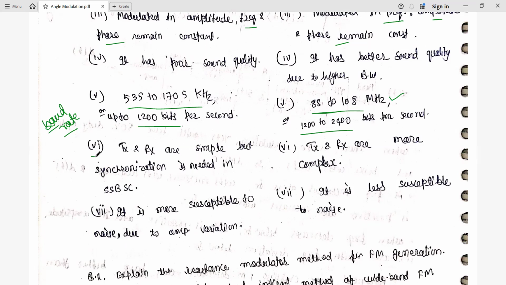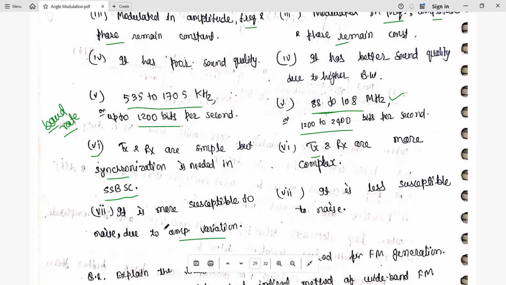In the case of AM, the transmitter and receiver are simple, but synchronization is needed when we talk about single sideband suppressed carrier. The same carrier signal should be used in the transmitter as well as the receiver. In the case of FM, the transmitter and receiver circuits are complex. AM is more susceptible to noise due to amplitude variations.